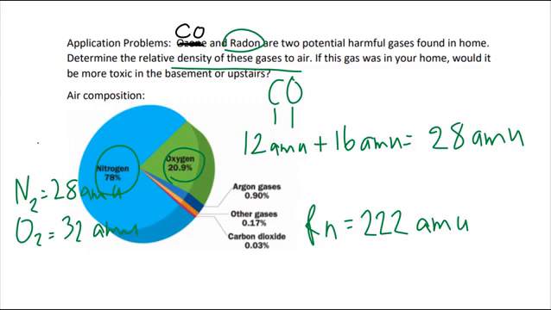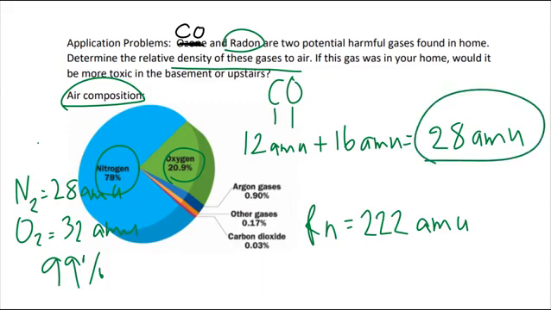So almost 99% of our air has a density between 28 and 32. Carbon monoxide's density, about 28, is right in the midst of all of that.